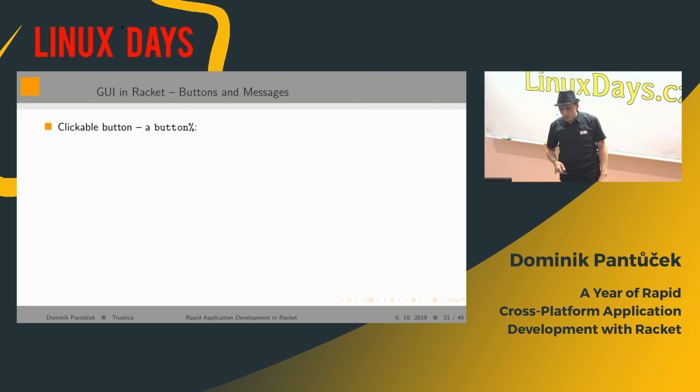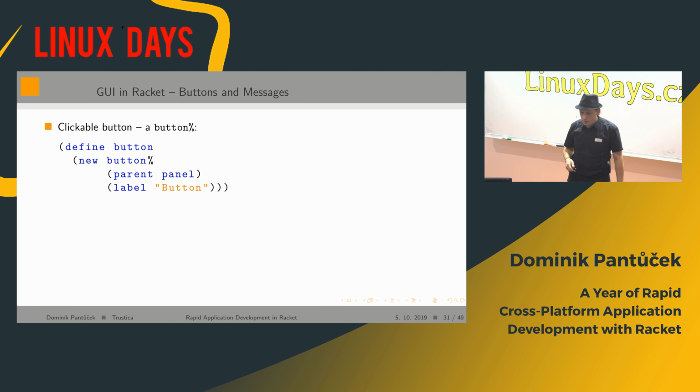Pretty cool. What else? We want some action. That means we want to click on something and it should do something. So we can create a clickable button with an instantiation of a button class. Of course, you have to provide some parent where to put the button in the GUI. I think everyone who is doing some GUI knows about the containers and stuff like that, so I'm assuming you sort of know what I'm talking about. And you can later on, or in the instantiation, specify some callback.